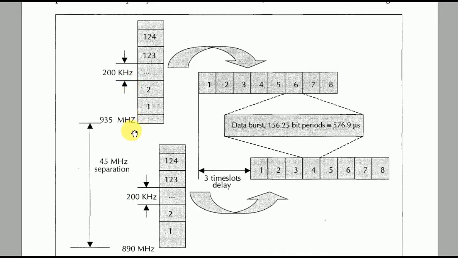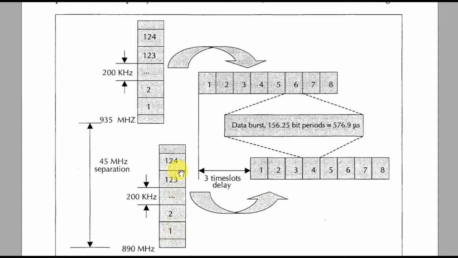The next specification is the ARFCN number. ARFCN means absolute radio frequency channel number. ARFCN numbers start from 1 to 124.